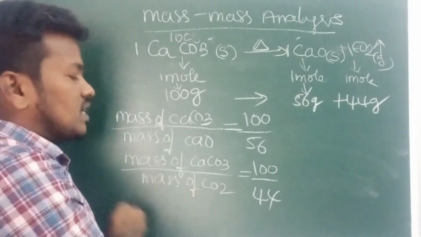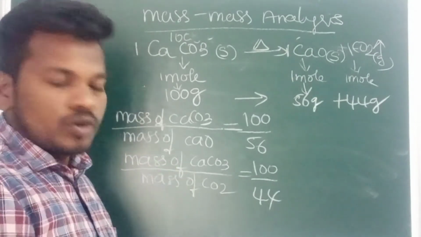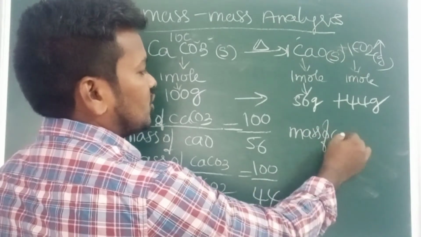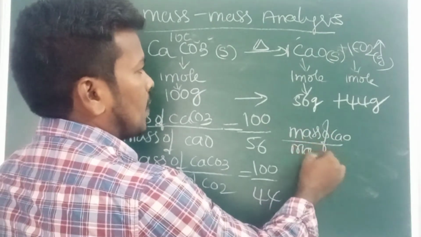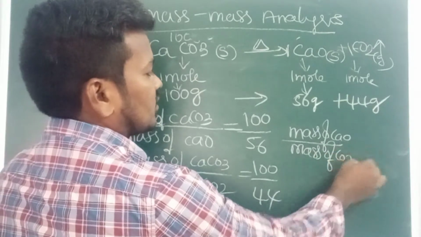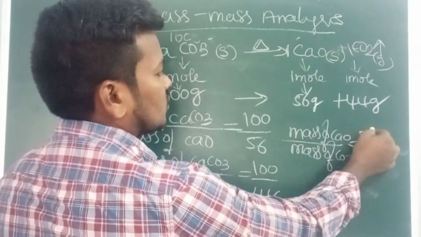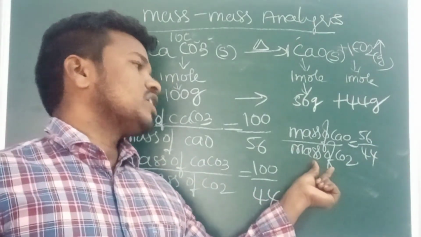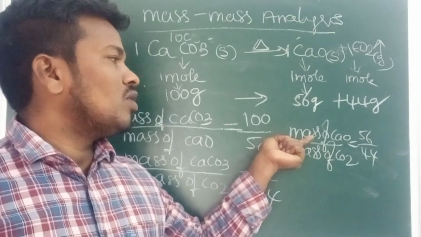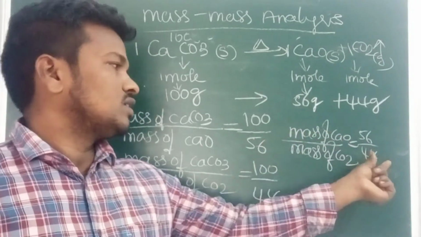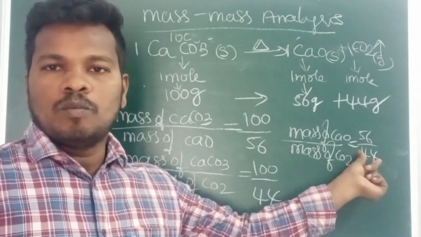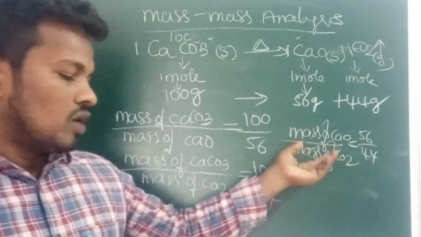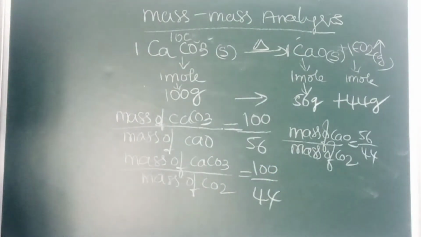If the mass of CO2 is given and they ask about the mass of calcium carbonate, you can use it too. Otherwise, mass of calcium oxide upon the mass of carbon dioxide: calcium oxide is 56 upon 44. We can calculate the mass of carbon dioxide by knowing the mass of calcium oxide. Already we know the molar mass in grams. Of course, the mole we consider as molar mass only. So like this you can easily do it.